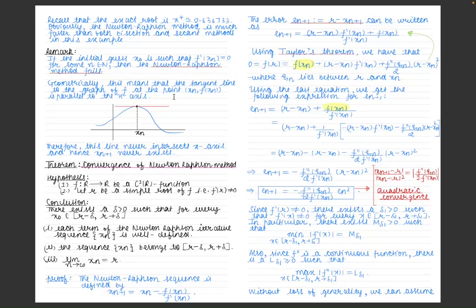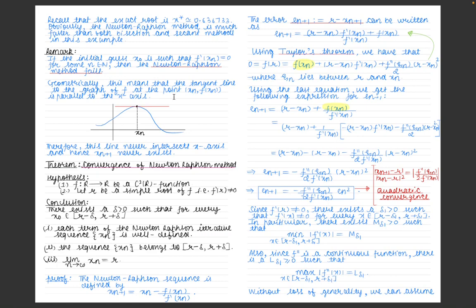This sequence xn belongs to the interval R minus delta to R plus delta, and last, the sequence actually converges to R. This is the main point.